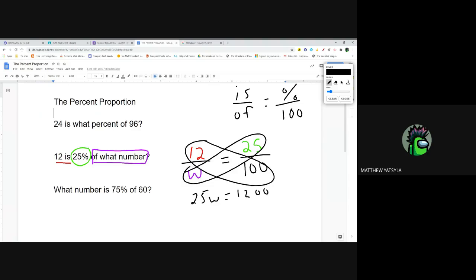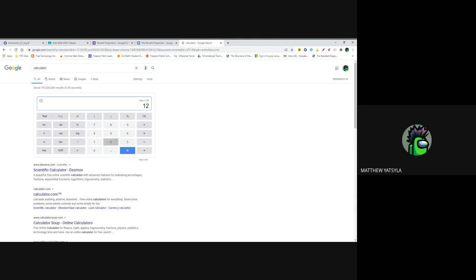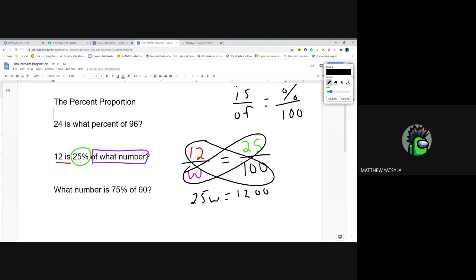Again, we go back to our calculator. 1200 divided by 25, we wind up with 48. So divide by 25, divide by 25, W equals 48. And again, we could check that, because we're looking for a number, not a percent. 25% of 48 is 12.